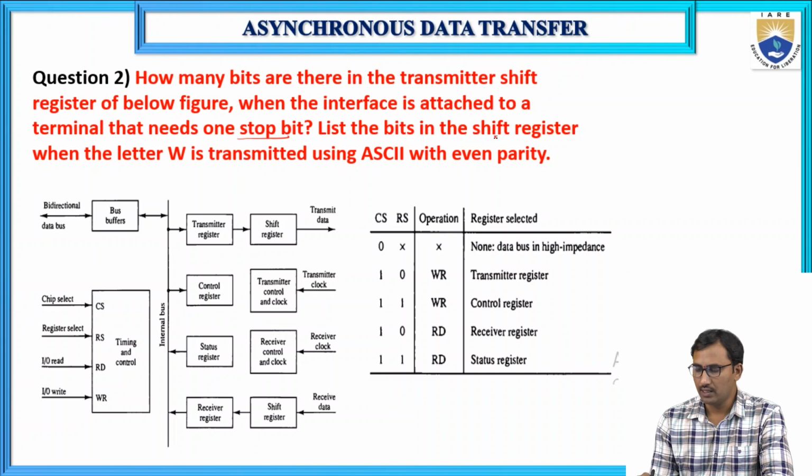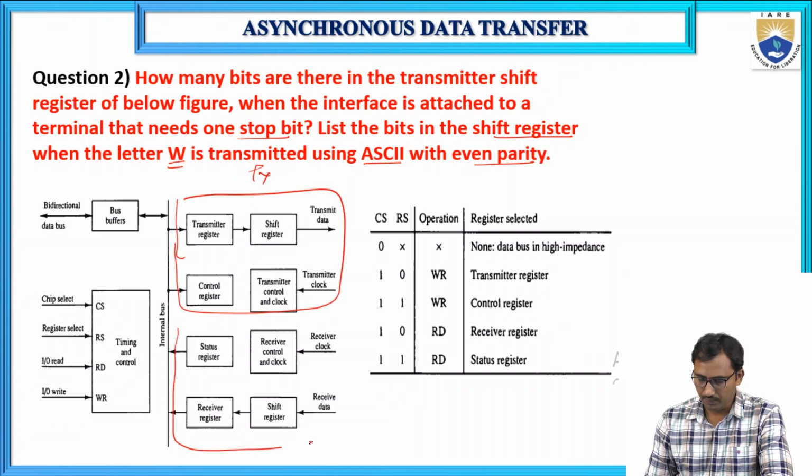List the bits in the shift register when the letter W is transmitted using ASCII with even parity. So here they have given us an asynchronous transmission interface circuit. So this is an asynchronous data transmission interface. This is the transmitter section, and this is the receiver section.